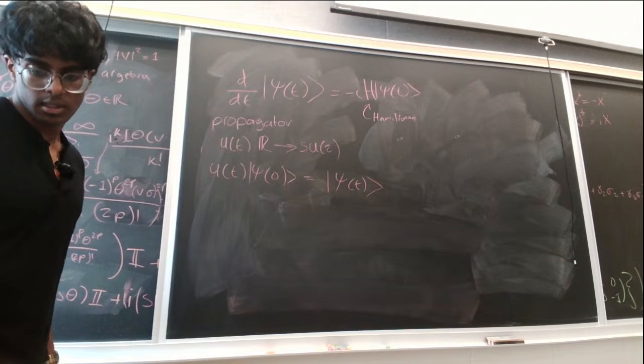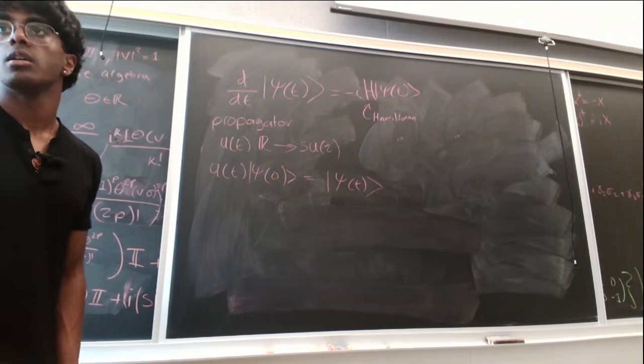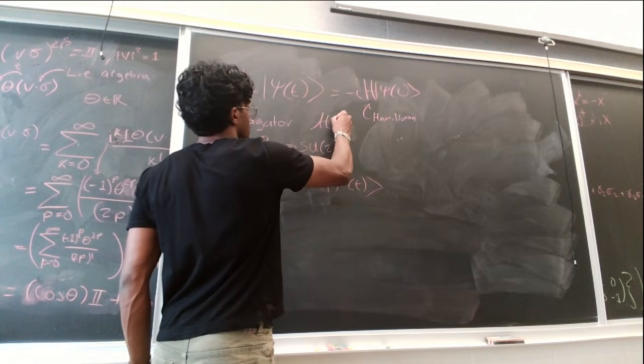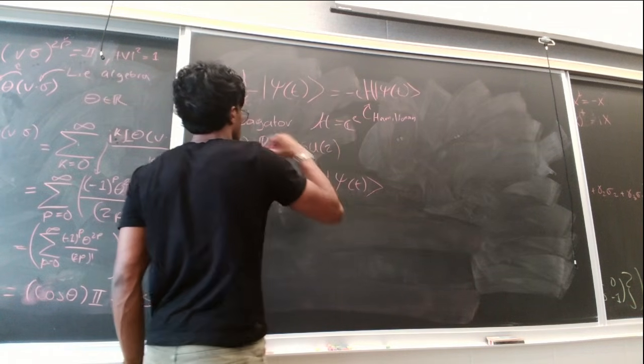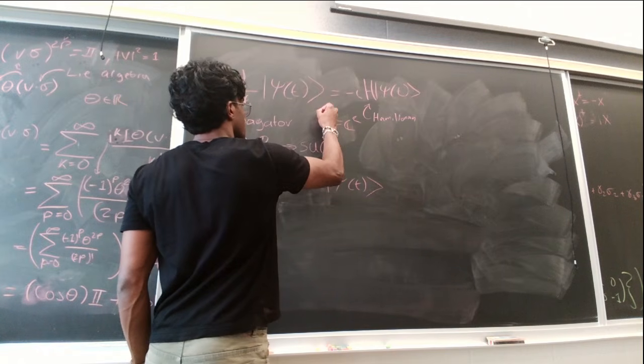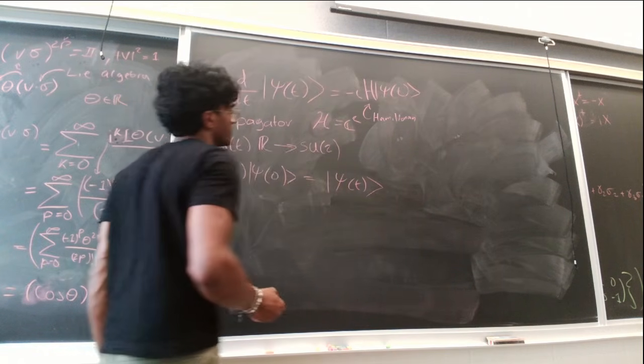Yes. You fill the spaces. Yes, space is C2. Yes, like that. And so U of t — right now we don't know that U of t is in SU(2).